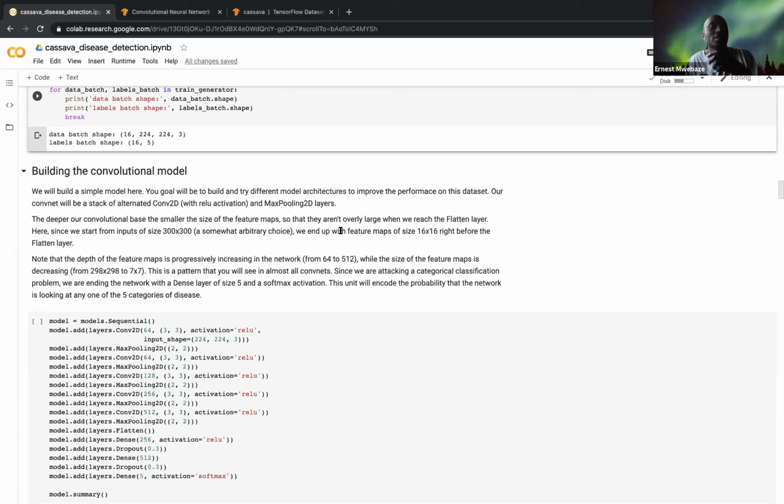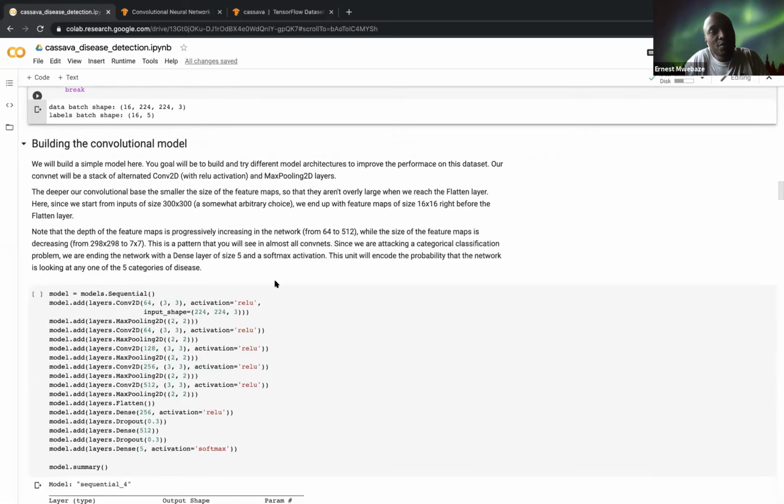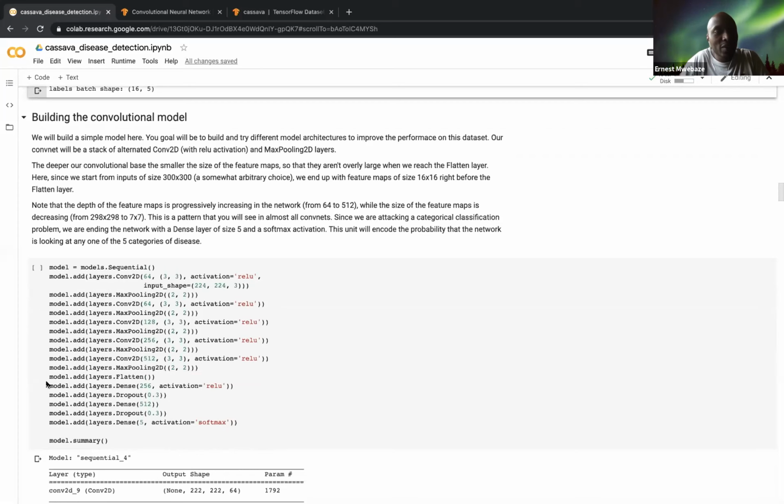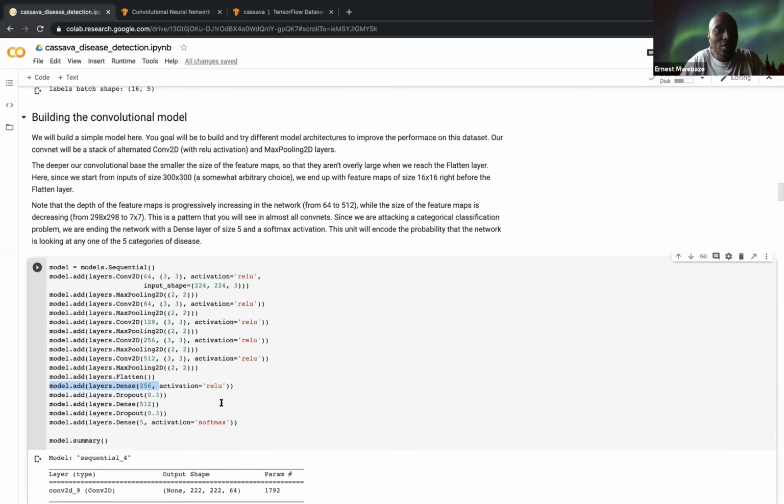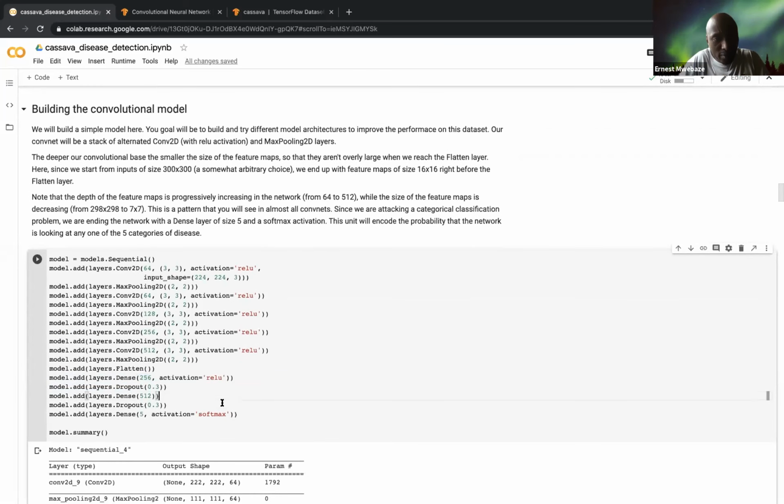So you extract edges, maybe in the first layers, and corners, and then going deeper, you extract bigger things, a combination of edges and maybe different concepts and different objects. You can use this process, this funnel, to extract features that you can eventually apply to a dense layer, as you probably already learned, and then do a classification on top.